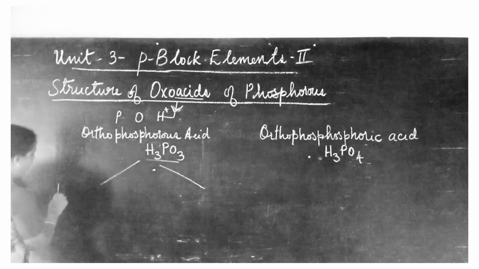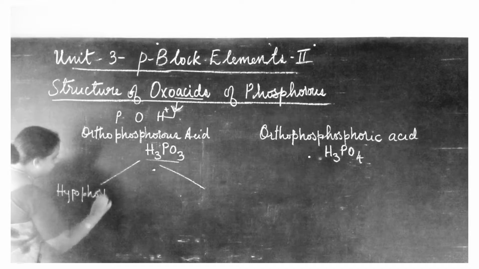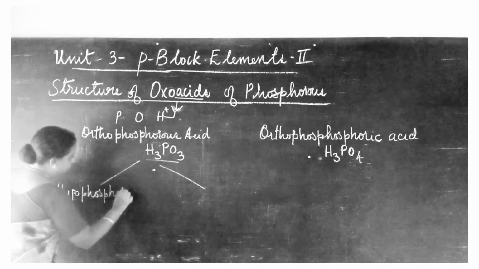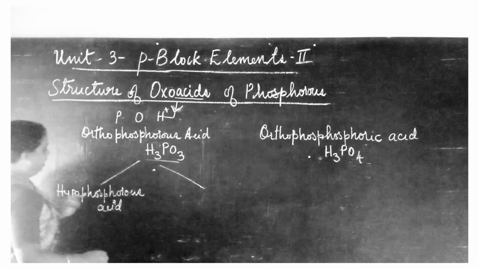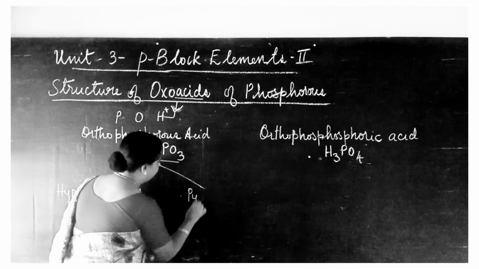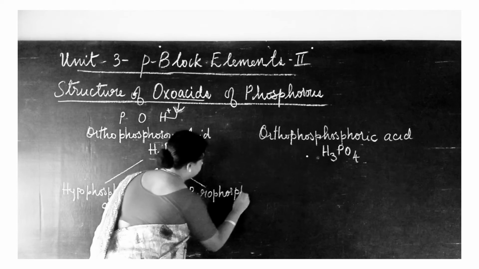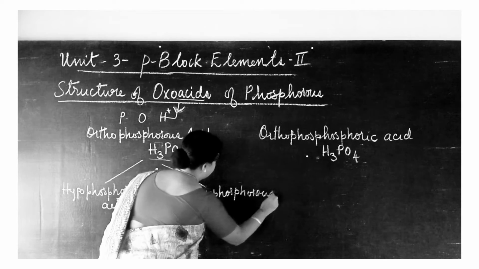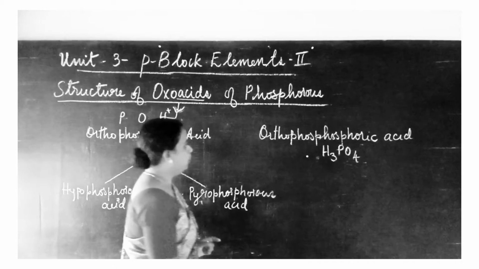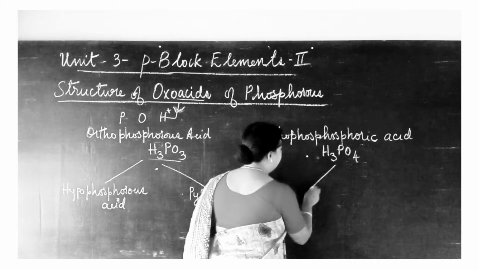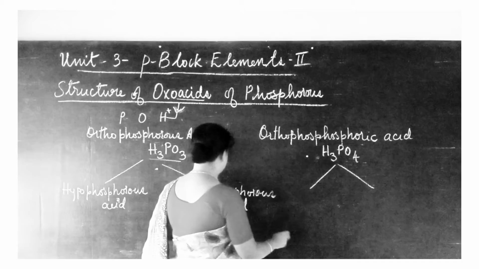One is hypophosphorus acid, and here it is pyrophosphorus acid. Likewise, from orthophosphoric acid, two other phosphoric acids are obtained.